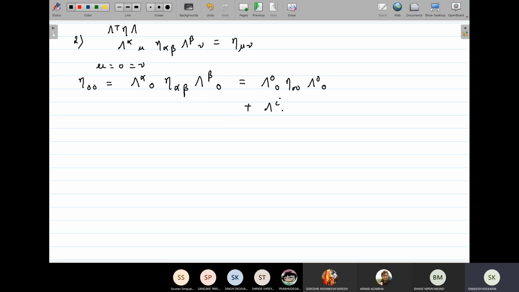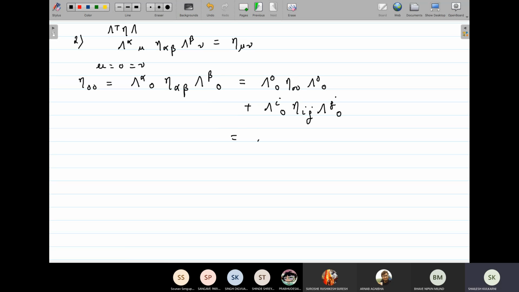So it will be lambda i0, eta ij, because beta can take value j, then lambda j0.